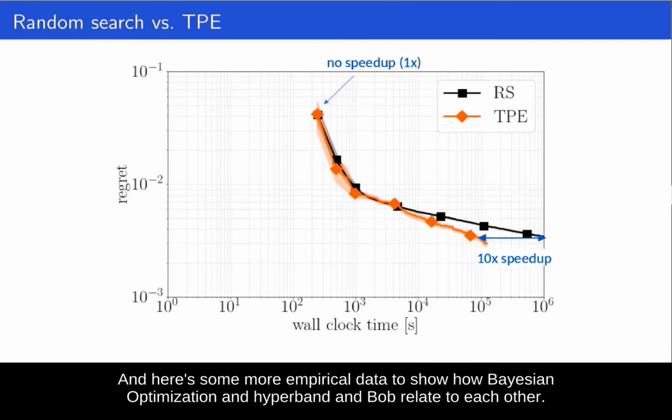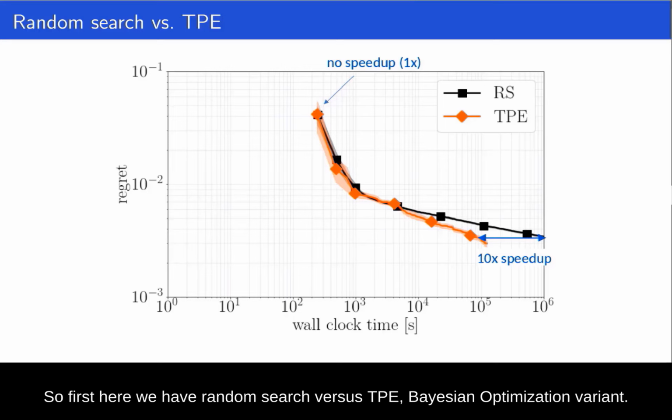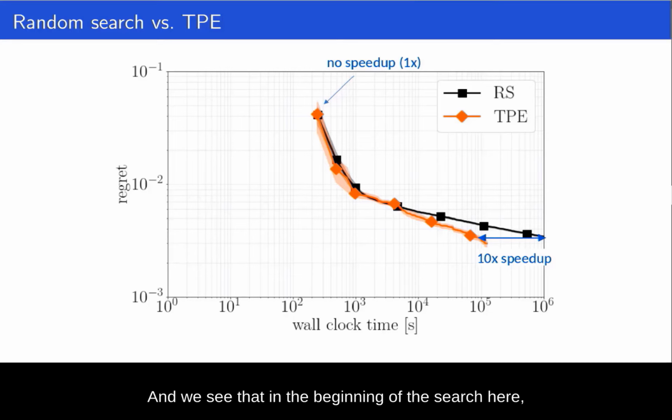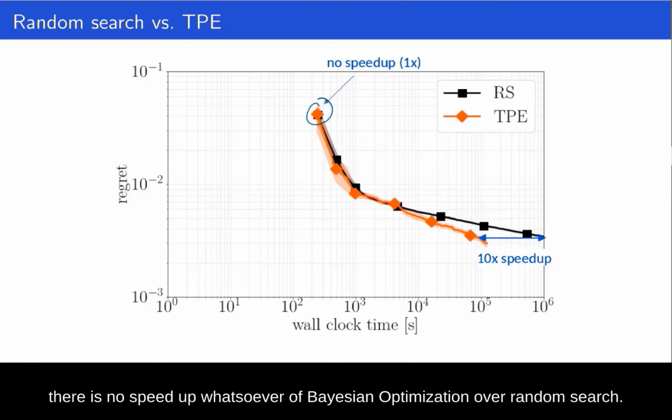And here's some more empirical data to show how Bayesian optimization, Hyperband and BOHB relate to each other. First, here we have random search versus TPE, a Bayesian optimization variant. We see that in the beginning of the search there is no speedup whatsoever of Bayesian optimization over random search.